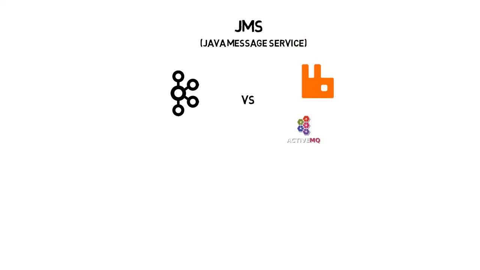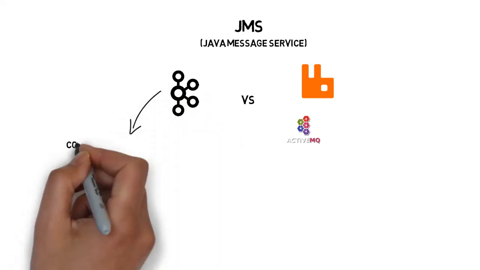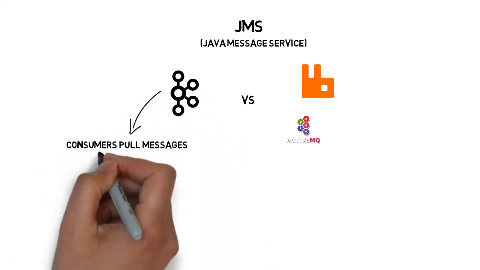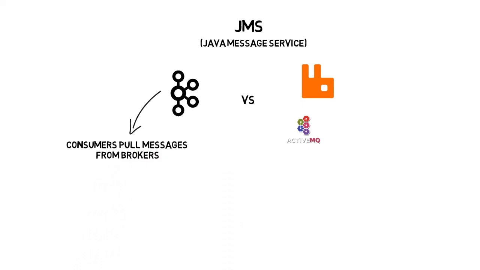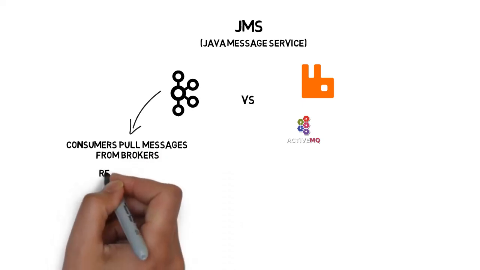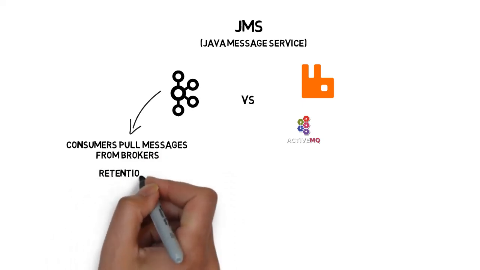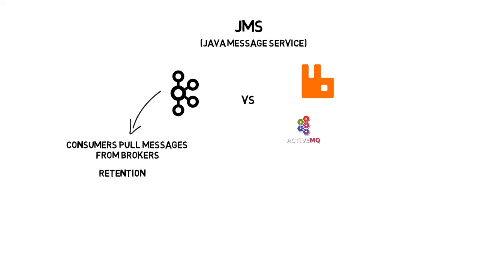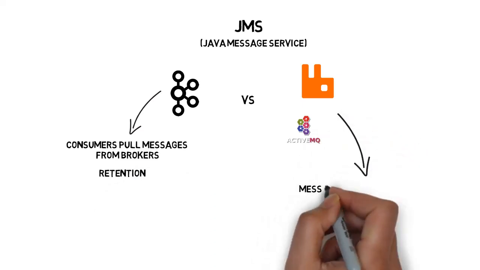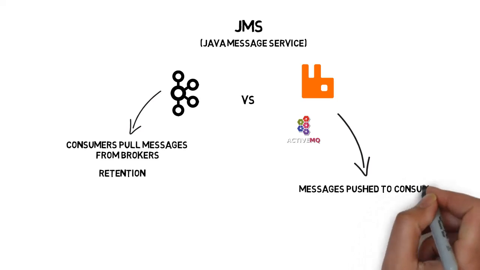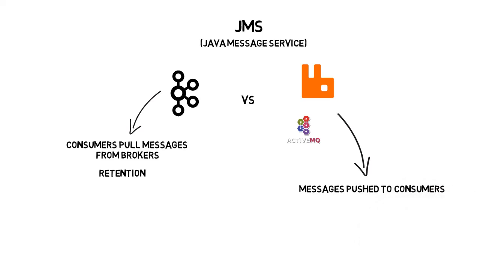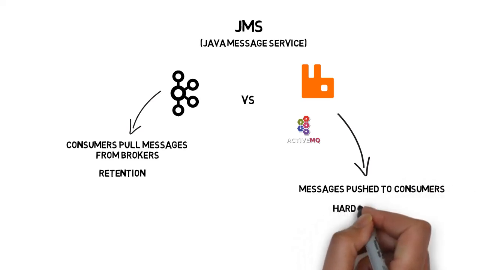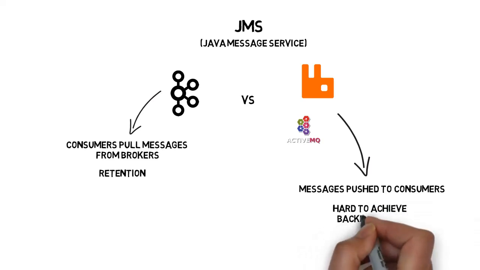First of all, the main difference is that Kafka consumers pull messages from the brokers, which allows for buffering messages for as long as the retention period holds. In most other JMS systems, messages are actually pushed to the consumers instead. Pushing messages to the consumers makes things like back pressure really hard to achieve.